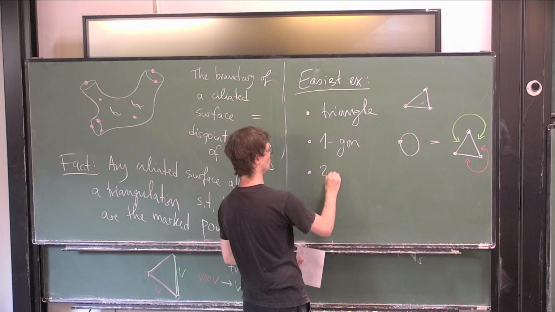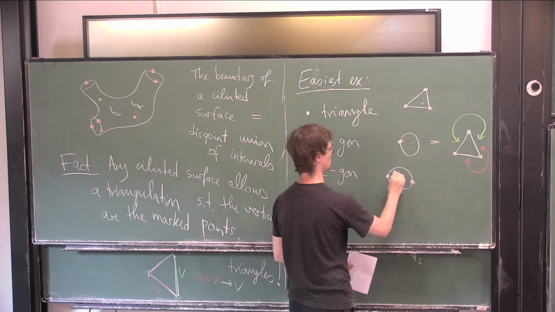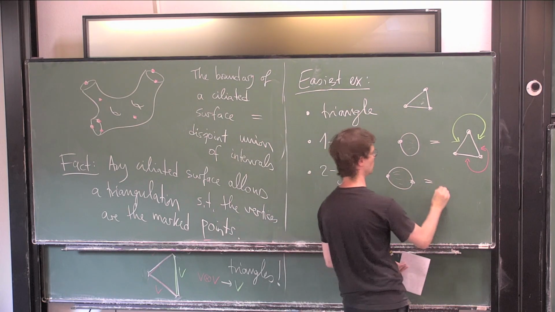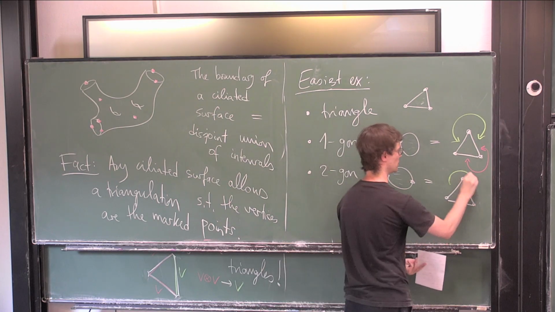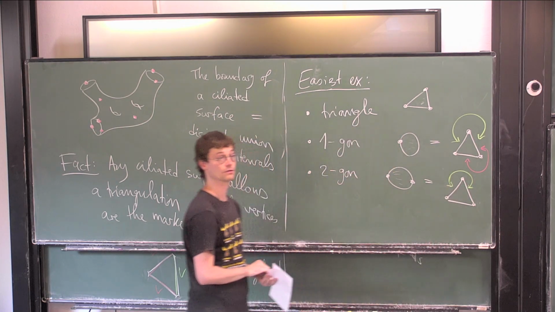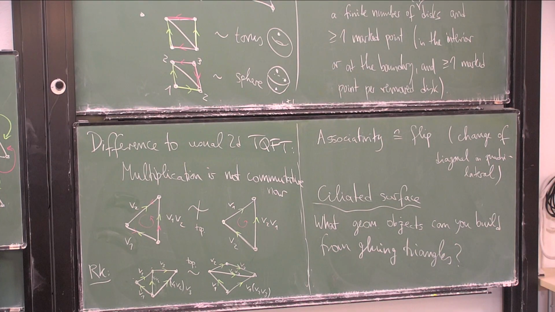So we can also have a two-gon. We actually produced it on the way of producing the one-gon. This thing is the two-gon. That's funny, I produced the two-gon differently.